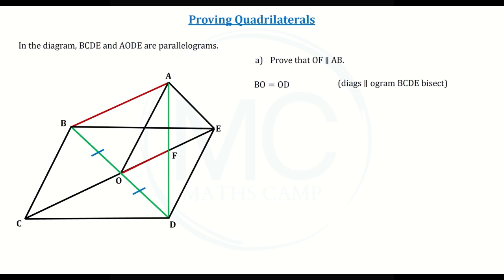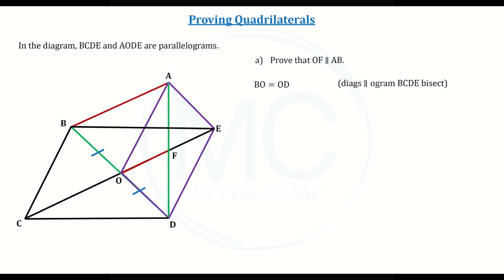Next, we need to prove that F is the midpoint of AD. So let's see what information we can get from the characteristics of parallelogram AODE. Let's make this parallelogram purple. AD is a diagonal of the parallelogram, and we know that diagonals bisect each other. So we can see that AF is the same length as FD.